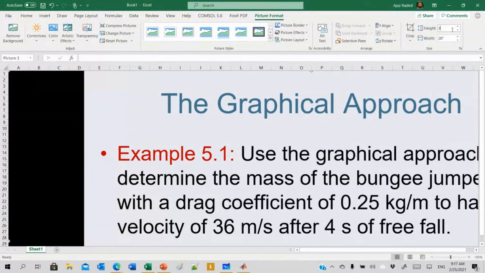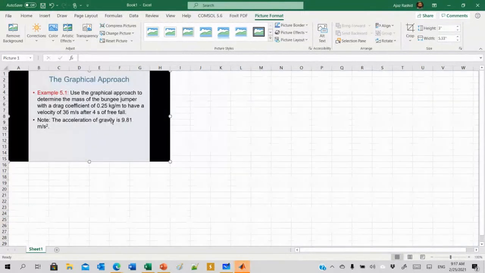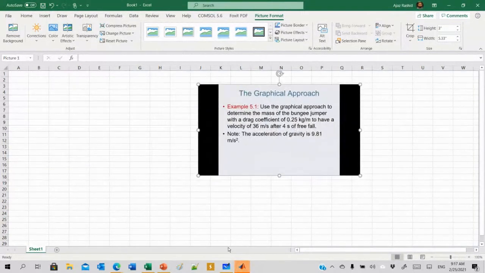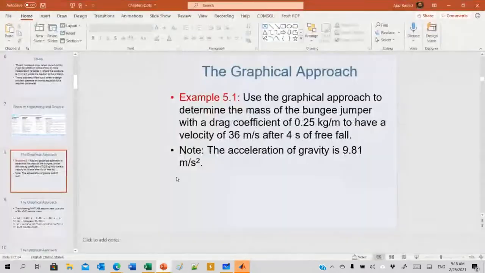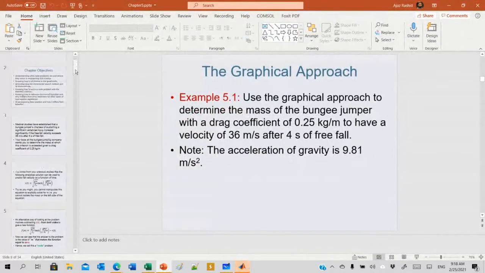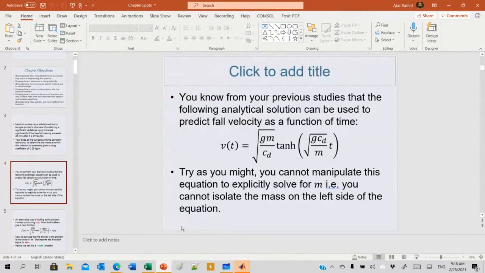And of course, we are going to need the equation for the bungee jumper as well.